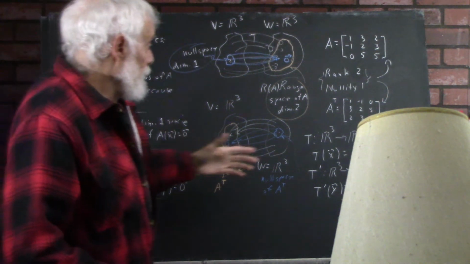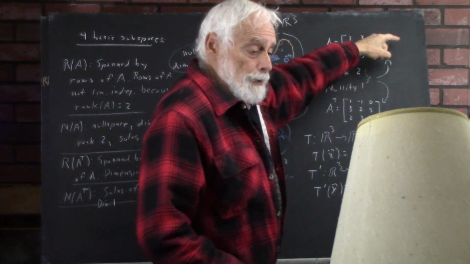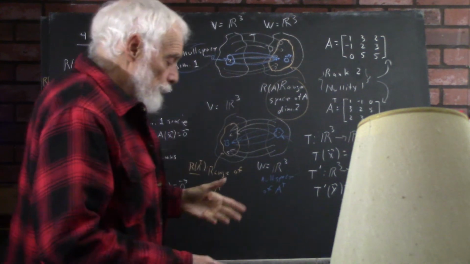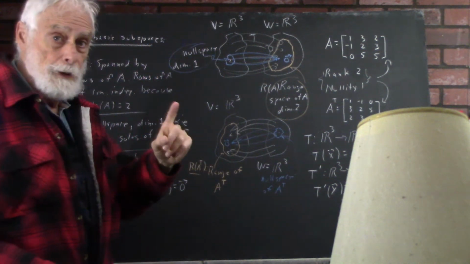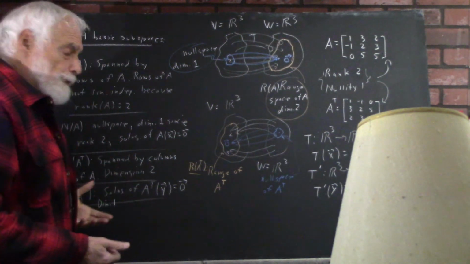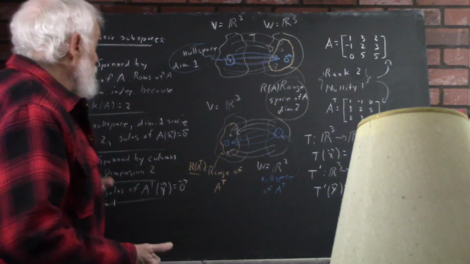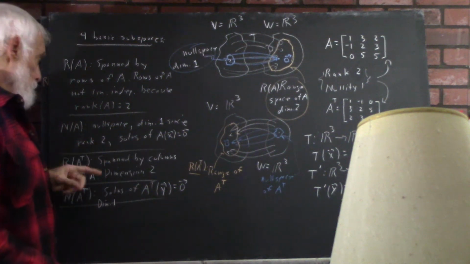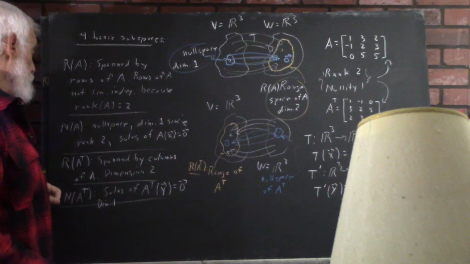So just set A times vector x1, x2, x3 equal to 0. Row reduce it, find your solutions, you'll find that there is 1 free variable, and you get a corresponding subspace of solutions, and that's been done quite a while ago.